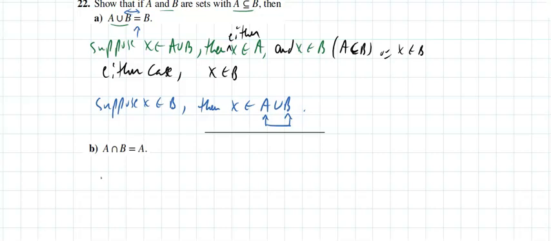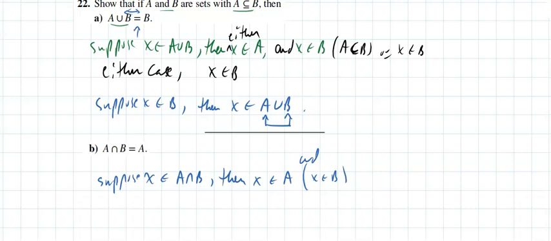All right, how about here? Well, the same deal. Suppose X belongs to A intersect B. Then X belongs to A, which means automatically X belongs to B because it's a subset, right? Or it could be that X belongs to A and X belongs to B even before that. Either way, it's in both.